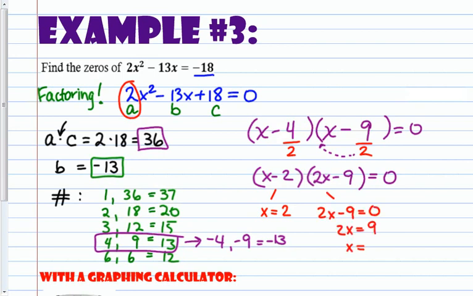I get x equals 9/2. Which is familiar, and it should be familiar. It's the opposite of that number there. Negative 9/2 is now positive 9/2. And here are my zeros. Whenever you're asked to find the zeros, they're basically asking you to find the x values. Now that was the algebraic way of doing it.